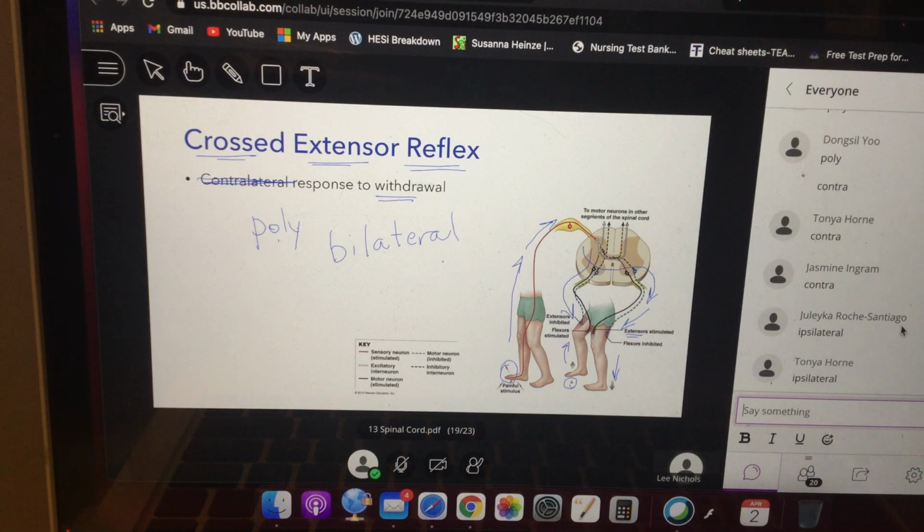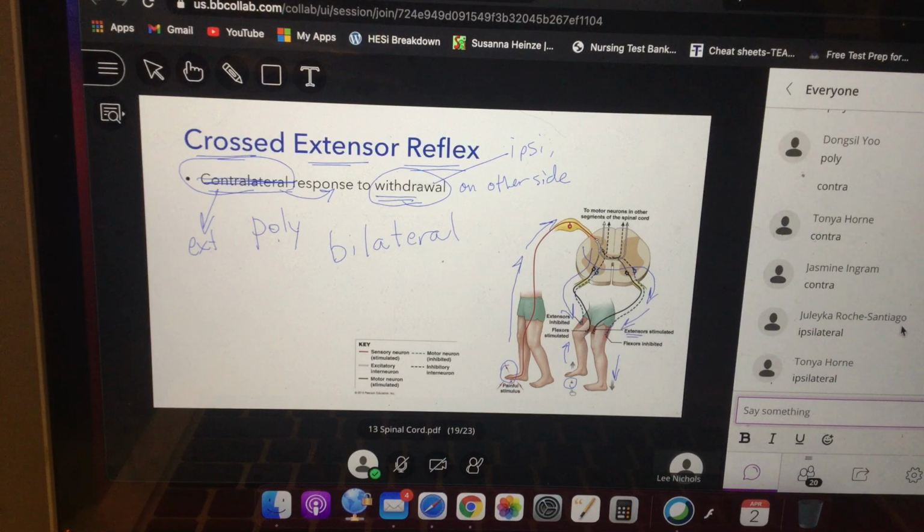It's both ipsi and contra. What I mean up here, and this is misleading, I need to redo this. It's a contralateral response to withdrawal on the other side. Okay, so you have withdrawal, which is ipsilateral, extension, which is contralateral, extension on the other side.